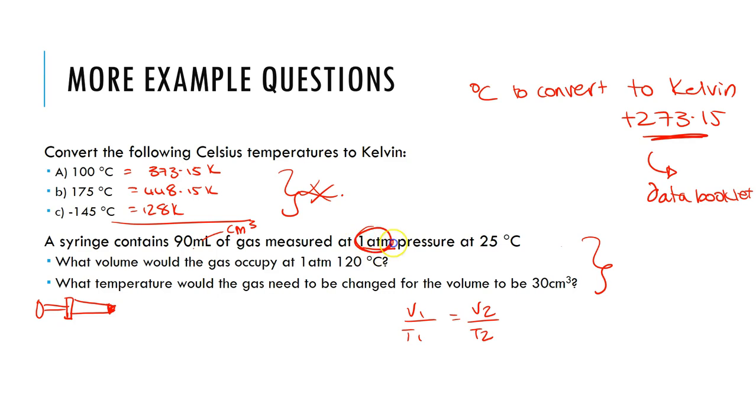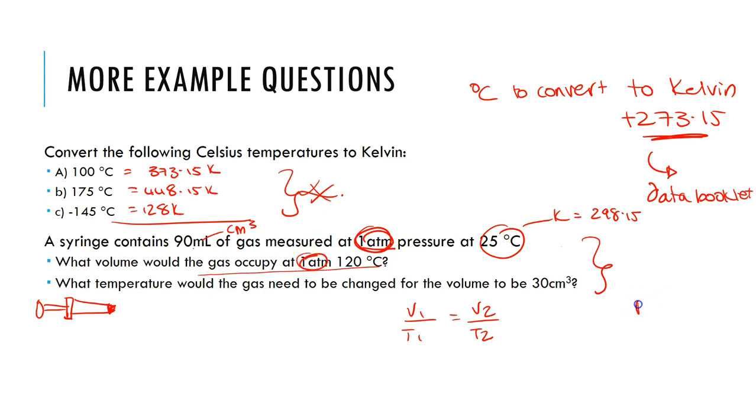Okay, so this doesn't have to be in pascals. Atmospheres is perfectly fine. 25 degrees must go to Kelvin, so it's going to be 298.15 Kelvin.